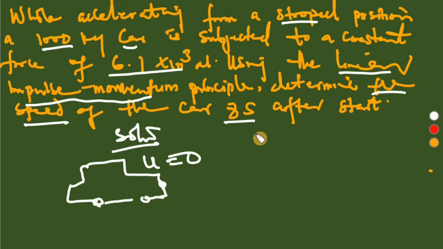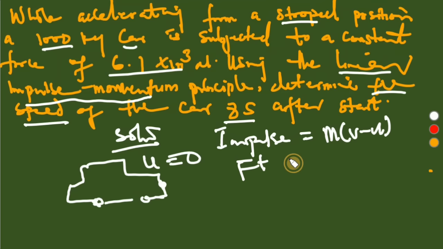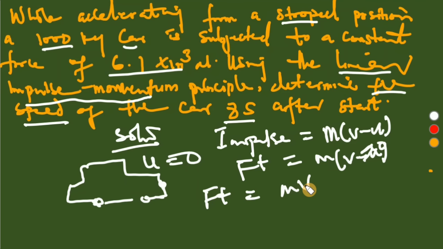Using the linear impulse momentum formula, impulse is change in momentum, and impulse is the product of force and time. What we are looking for is the final velocity, because the initial velocity is already 0 since the car is at rest. So this is Ft equals mv, and we are looking for v.